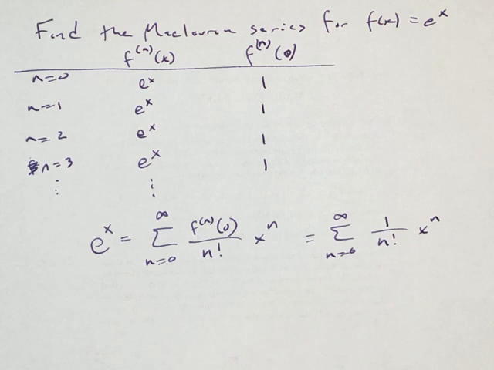This is an amazing sentence. If there is a power series for e to the x centered at 0, it's got to look like that one. We made the assumption that this converged on some interval. Now I get to ask you, what interval does that power series converge on?